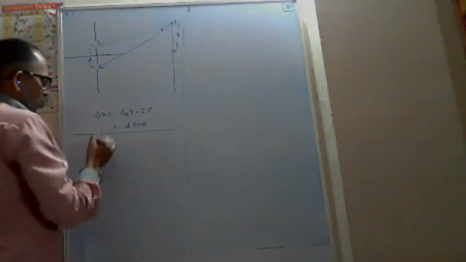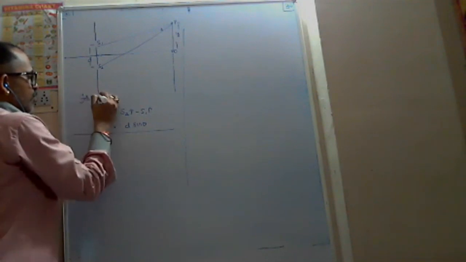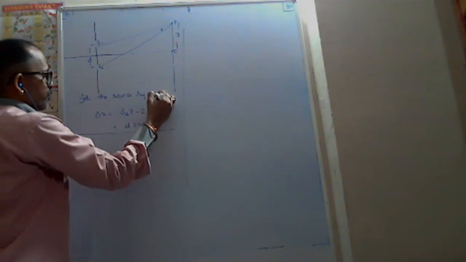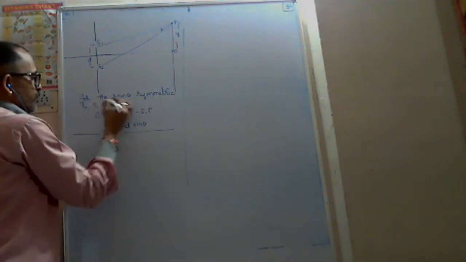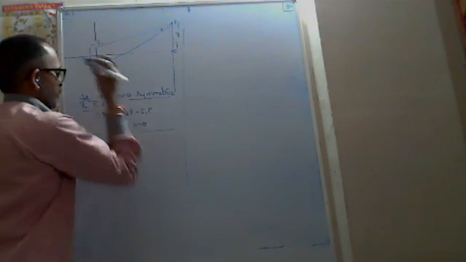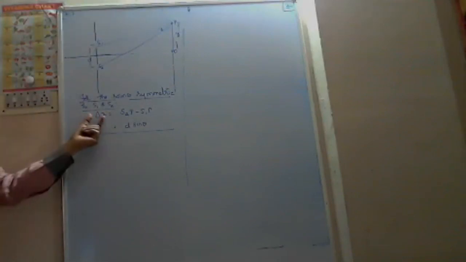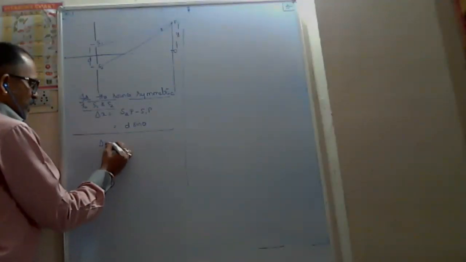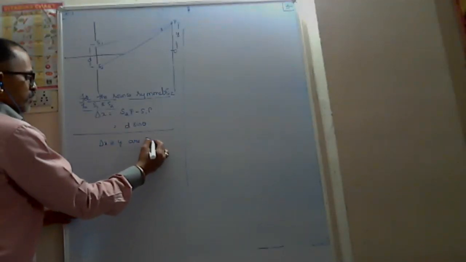Then the question is, what is the path difference for the same condition, with the source symmetric to S1 and S2? If the distance y is given, what is the relation between path difference delta x and y?